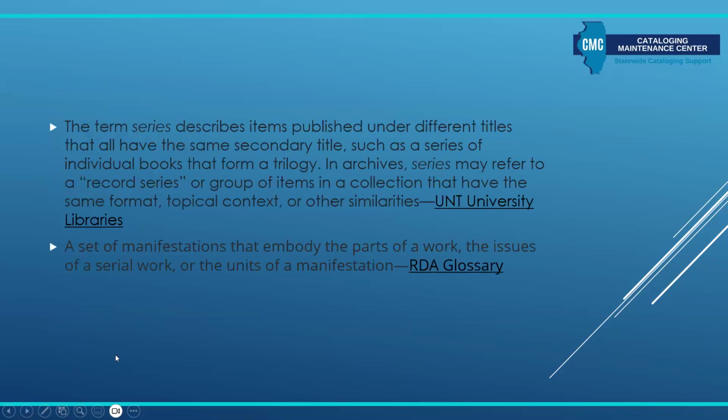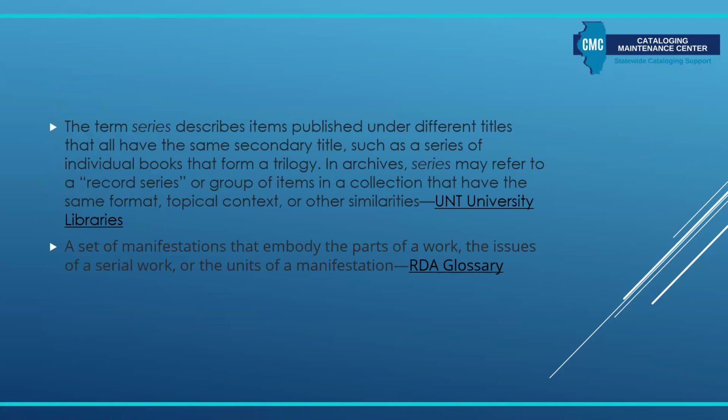So here are two definitions for series. The first one is from the UNT University Libraries. The term series describes items published under different titles that all have the same secondary title, such as a series of individual books that form a trilogy. In archives, series may refer to a record series or group of items in a collection that have the same format, topical context, or other similarities.